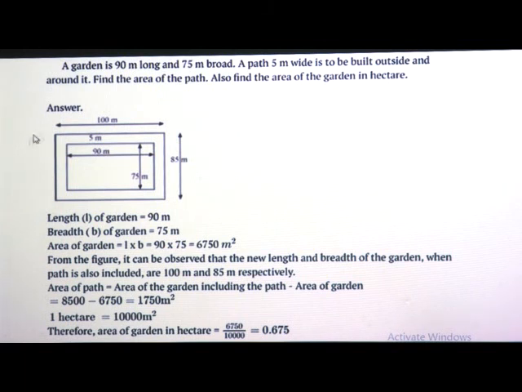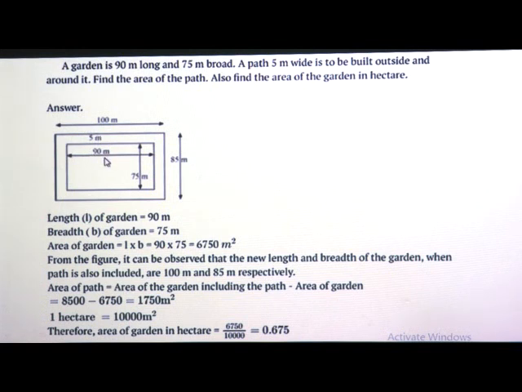So, we will draw one rough figure by looking at the question. Here it is given as 90 meter length, 75 meter width. Now, 5 meter as a width around the garden, that is, the path should be built 5 meters wide around the garden.